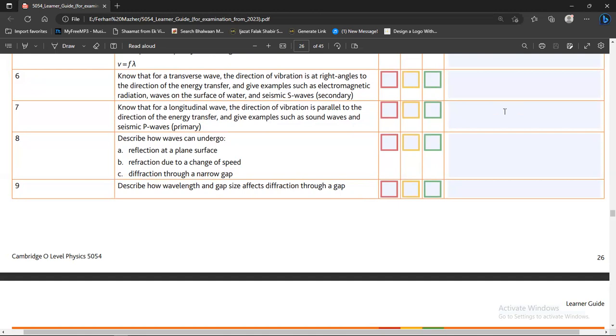Describe how waves can undergo reflection at a plane surface, refraction due to a change of speed, diffraction through a narrow gap. Describe how wavelength and gap size affect diffraction through a gap.